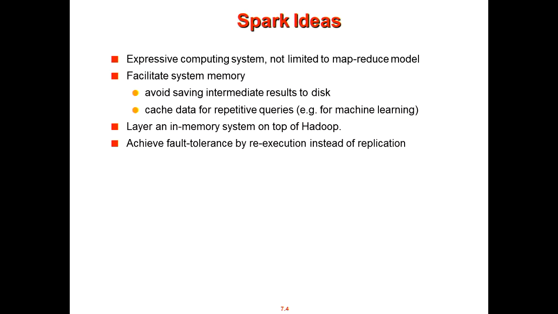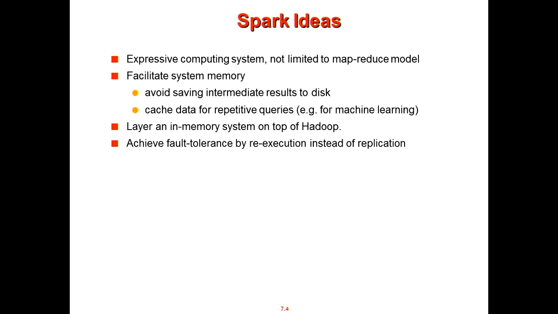And that's why Spark utilizes system memory to do big data processing. It avoids saving intermediate results to disk, because in MapReduce, after the map tasks, a lot of intermediate results are generated. You need to store these results on your local disk, and then the reducer will fetch these intermediate results from disks.